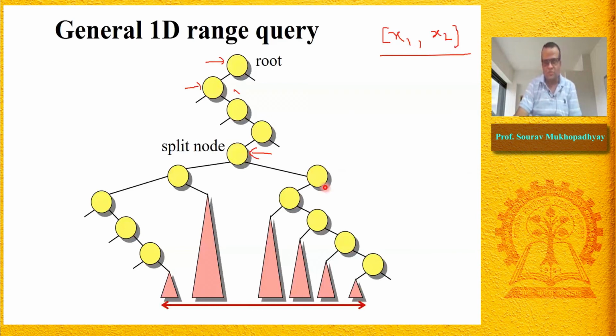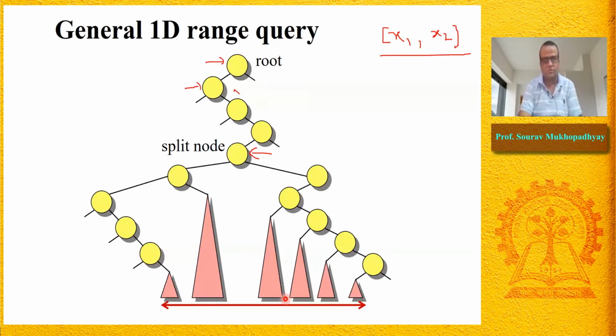If we have to go to the right from a node, then all the nodes rooted in the left child of this node will be in the range, because we are going to the right here. So we output all these nodes. Suppose these are the subtrees we are outputting. So this subtree we are going to output as our range search query.